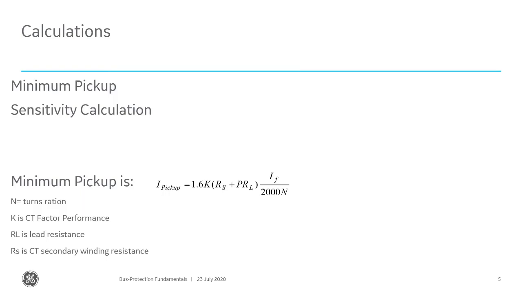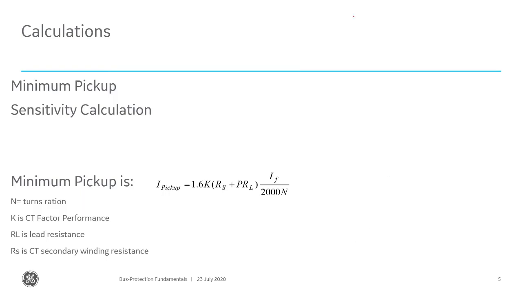The minimum pickup calculation is really determining what I should set my minimum pickup at, right? It's a little confusing because we're calling it minimum pickup, but this is really saying I need to set it at least lower than this, right? So let's talk about the minimum pickup calculation first.